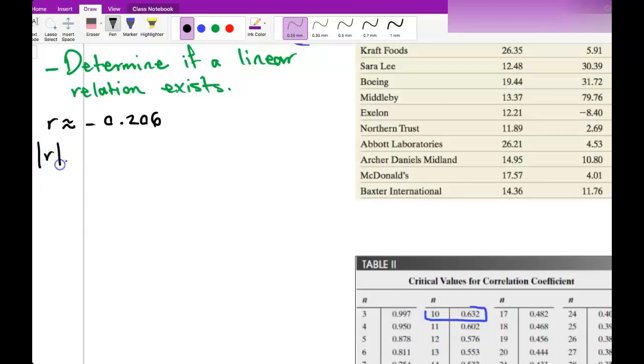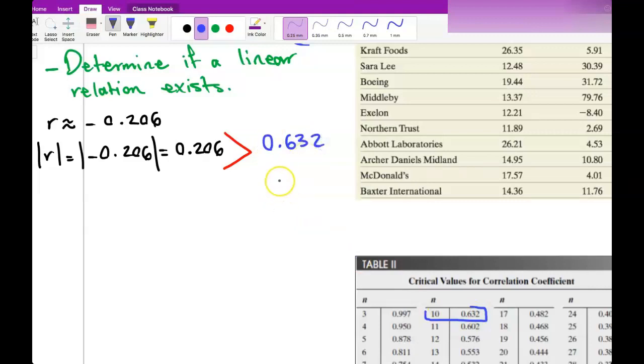So the absolute value of R is positive 0.206. Next step, we should see if this one is greater than the critical value that we got here, which is 0.632. Okay, this is not greater than that one.